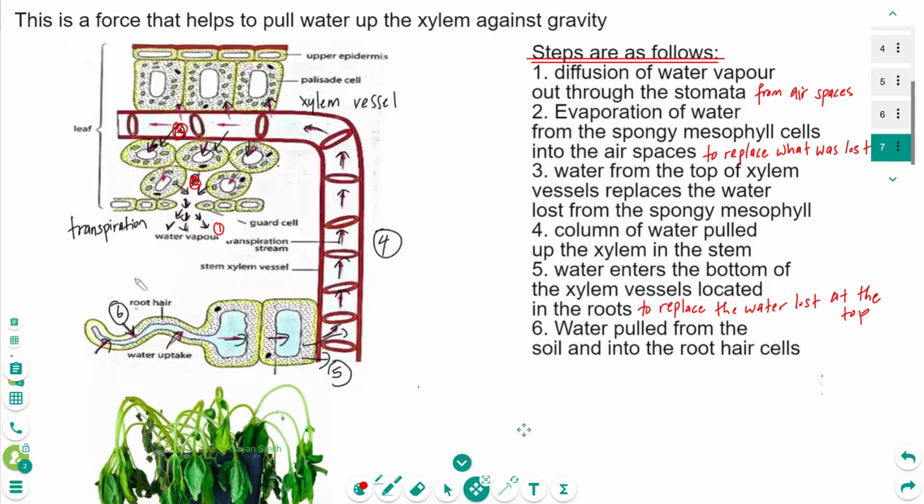Right, so water transport is not only important for photosynthesis, but it is also important for keeping the plant turgid, or keeping the plant upright by keeping the cells swollen.